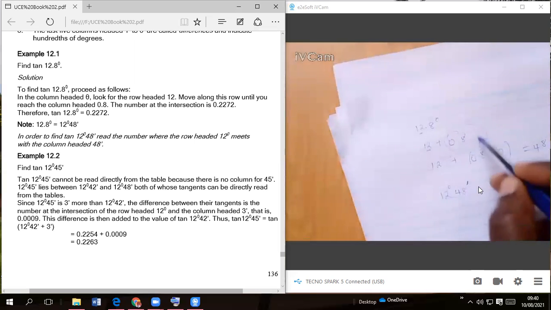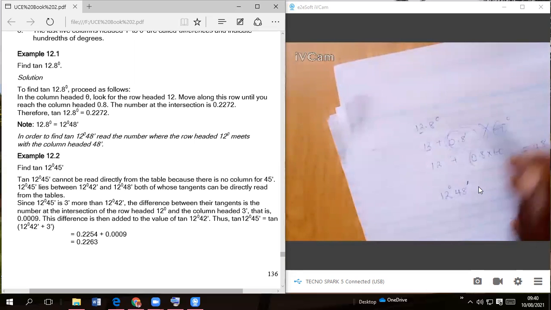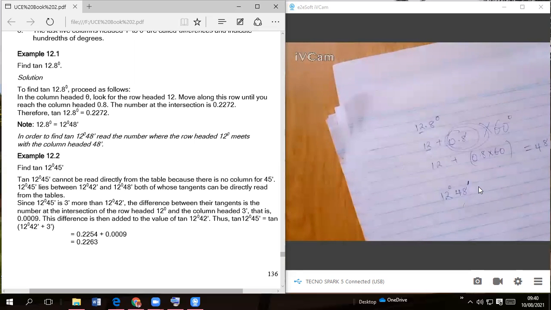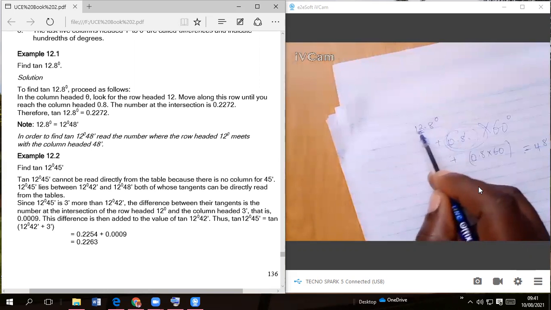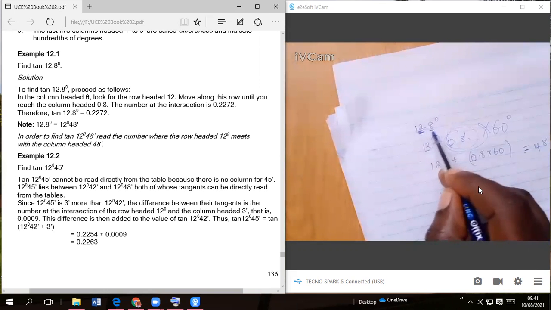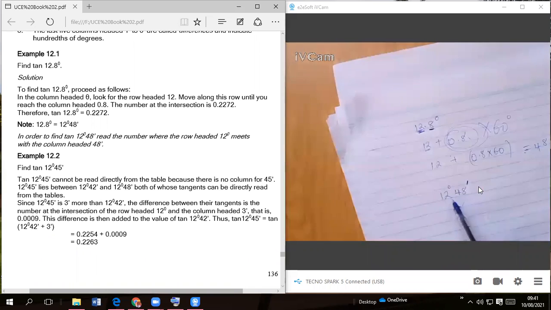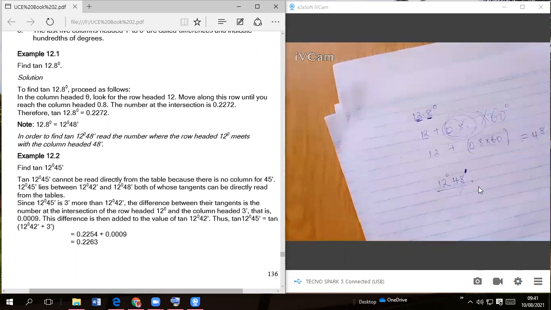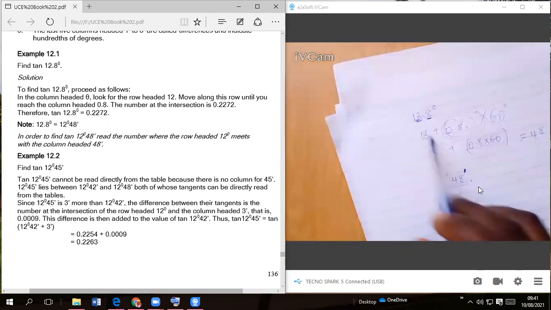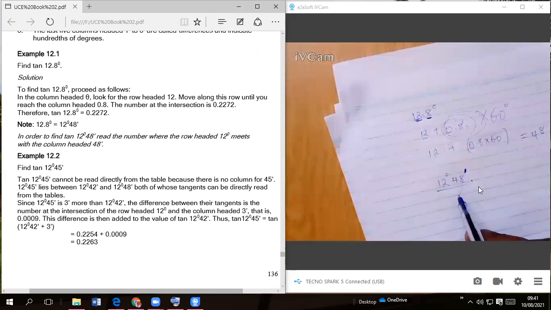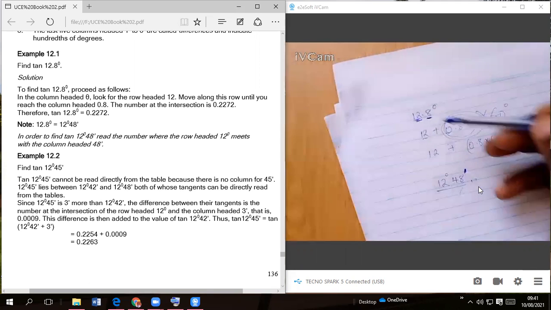We multiply the decimal by 60 because we know that 1 minute has 60 seconds. When we multiply by 60, we get 48. So now we write 12 and 48 minutes. So you can be given an angle 12.8 or 12 degrees 48 minutes, and this is how we can change this angle to this.